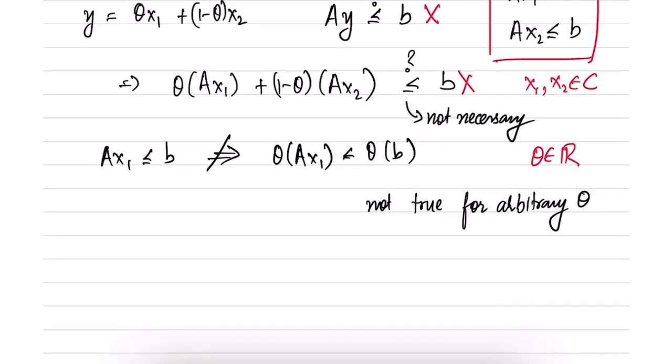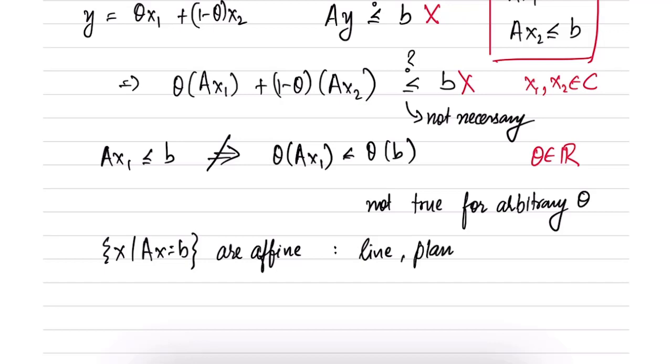So to conclude, we have seen that any sets of the form ax equal to b are affine. So for instance, a line is an affine set because a line can be described like this. Similarly, a plane is an affine set. So for example, think of a plane.